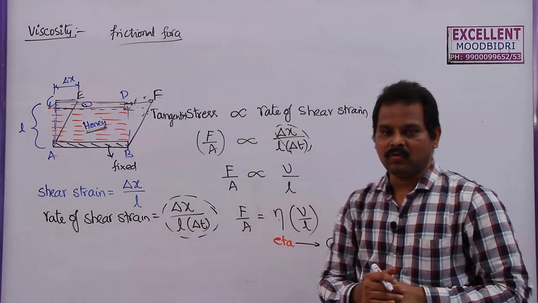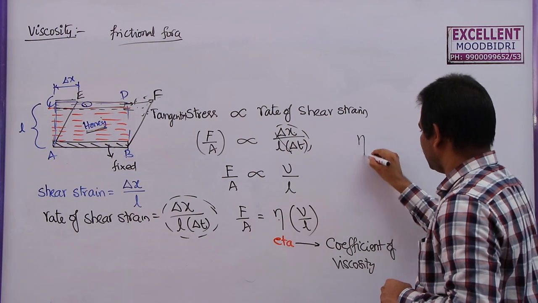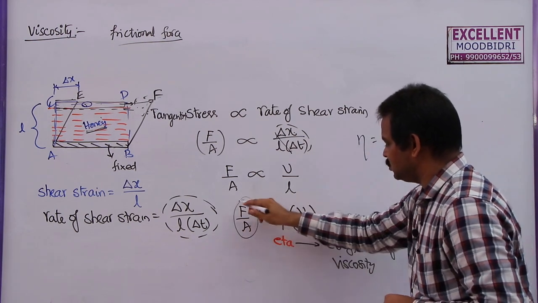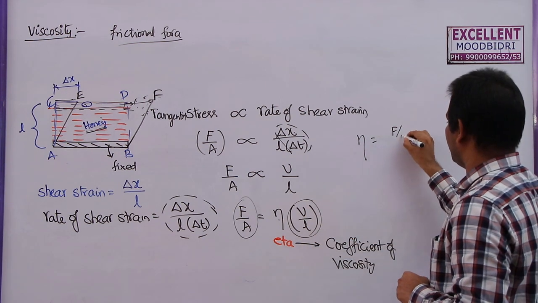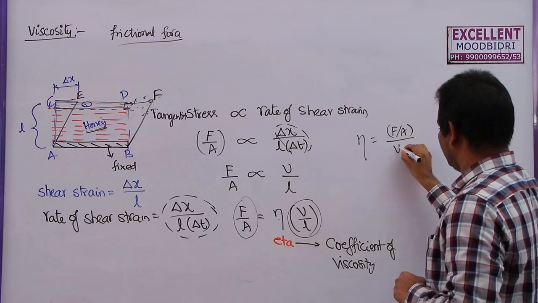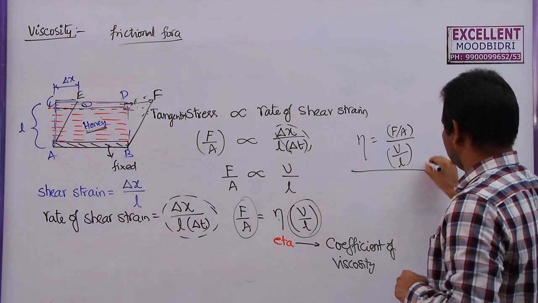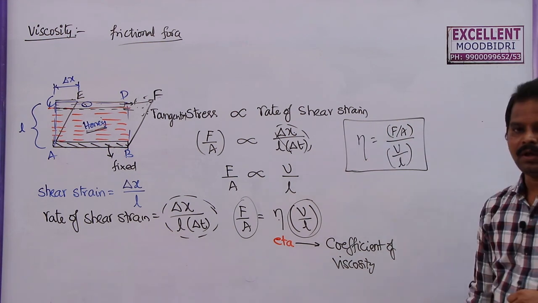So how to define the coefficient of viscosity? Eta can be written as the tangential stress by the rate of shearing strain, that is F by A divided by V by L. This is the coefficient of viscosity.